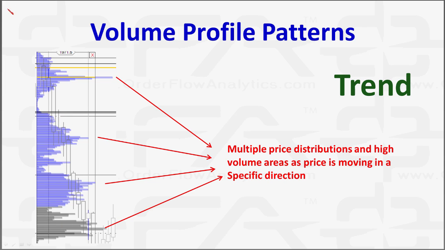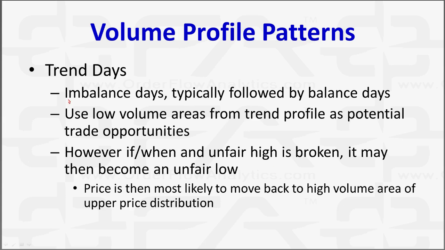The volume profile with this pattern is supporting the trend day because we're getting acceptance lower, acceptance lower, acceptance lower. So multiple price distributions and high volume areas as price is moving in a specific direction. Trend days are imbalance days.